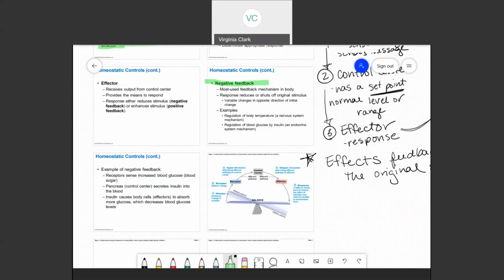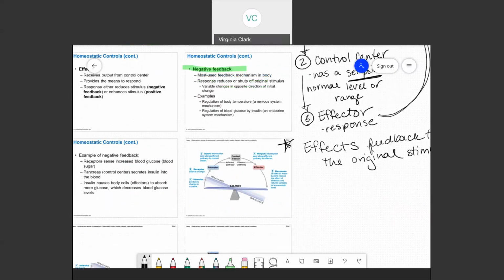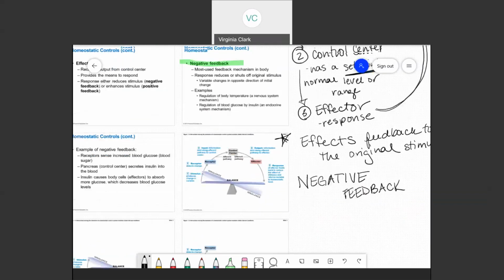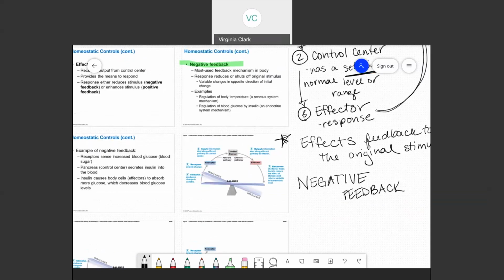So let's zoom in for these guys right here. Negative feedback is important. It follows this cycle that we just talked about, but it does it in such a way that it is a very cool process. This is the most used feedback mechanism in the body. This is what we have more of in all of our bodily physiological processes.